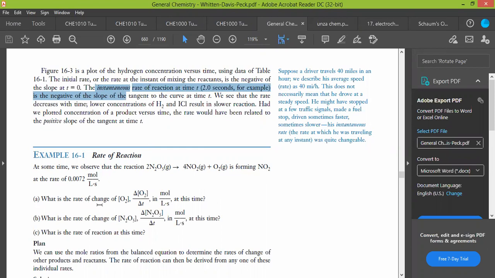What is the rate of change of oxygen at this particular time? What is the rate of change of dinitrogen pentoxide at this particular time? What is the rate of the reaction at this time? So this is the overall rate of the reaction that has been given here.